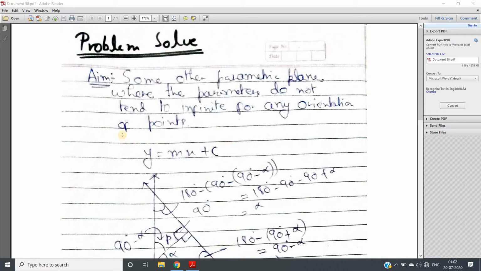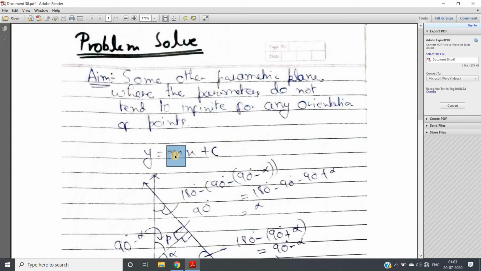We have seen using this particular slope intercept form y equal to mx plus c. What is the problem? The M was making problem, because in case of vertical line M was going to infinite. Now our modification should be such that we can map our xy coordinate points to such a parameter plane where no parameter goes to infinite for any alignment of our points in the xy coordinate system.